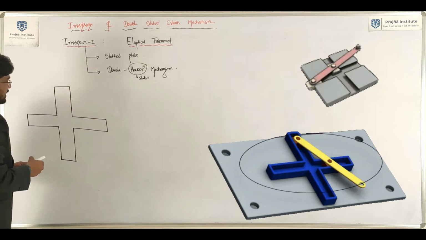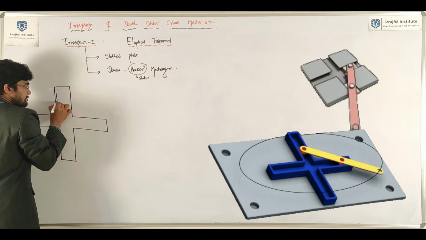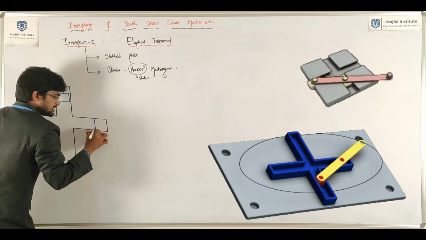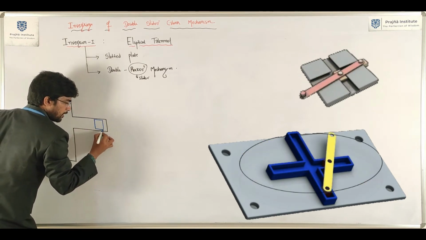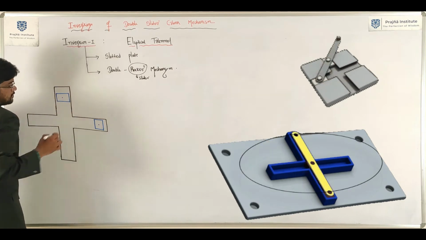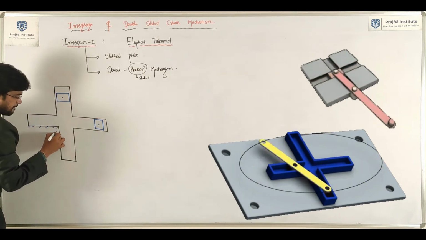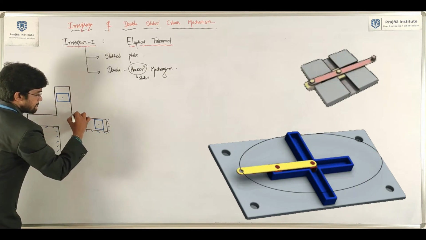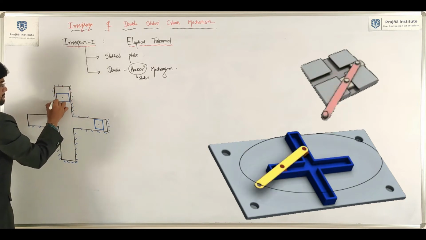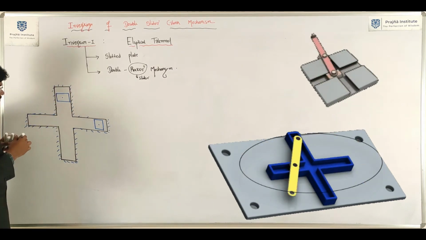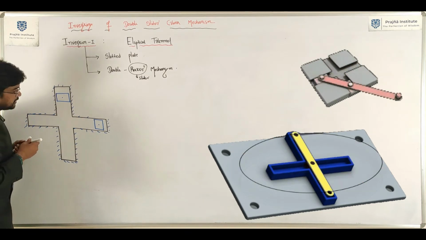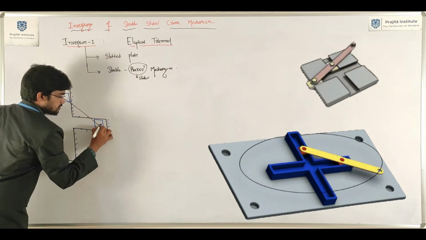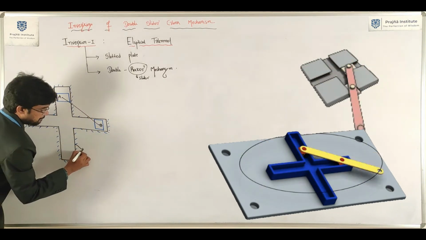Now slider 2, this is slider 1. Here we are fixing the slotted plate. Need to join these two. Here it is A, this will be B. Slotted plate is fixed.